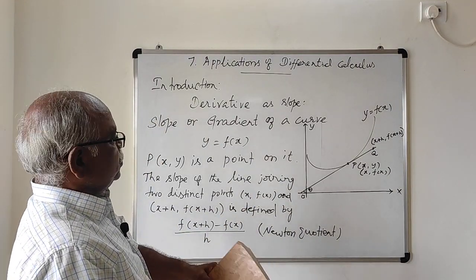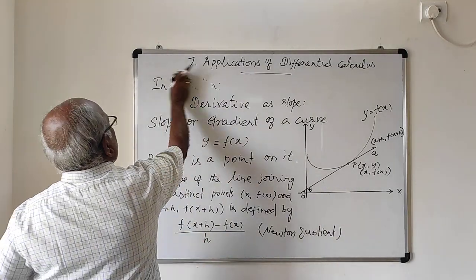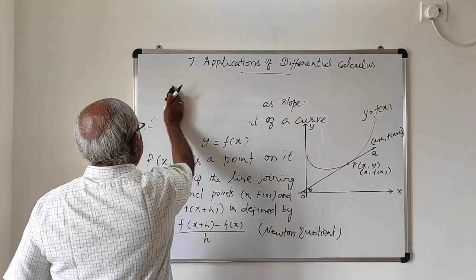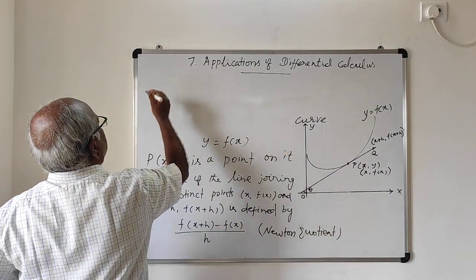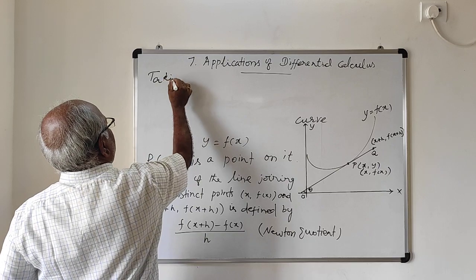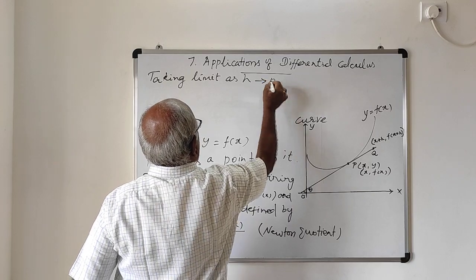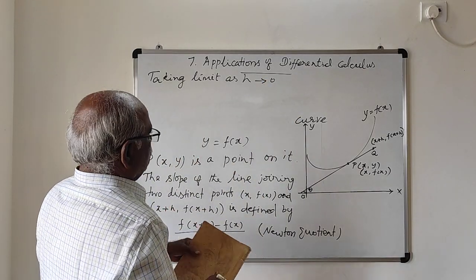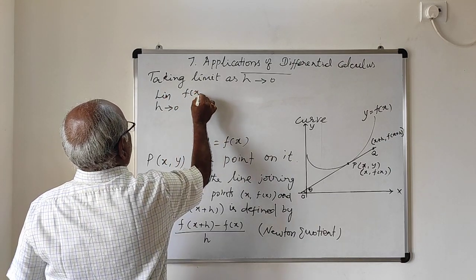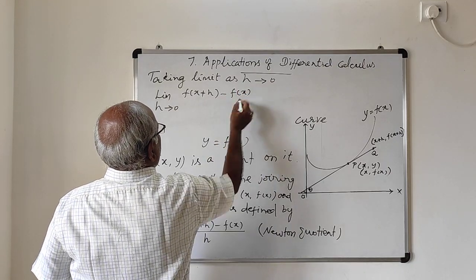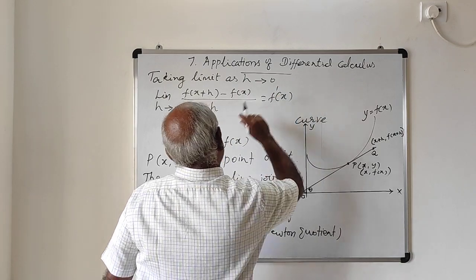Now, after defining this slope, taking the limit as h tends to 0, we get the limit as h tends to 0 of f of x plus h minus f of x divided by h, which is called the derivative of f with respect to x, f dash of x.